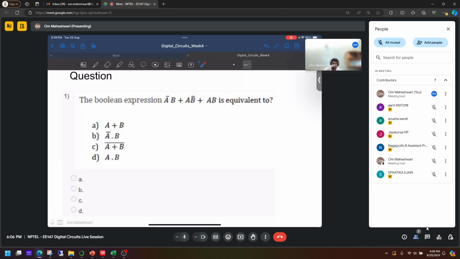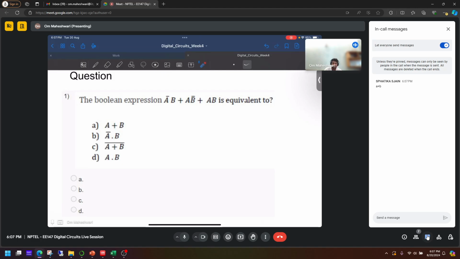Do we have an answer for this question? Are you able to solve it? Okay, can anyone let me know if I am audible? Okay. Jen says A plus B. Anybody else got any answer?